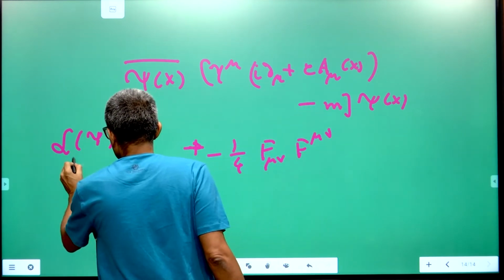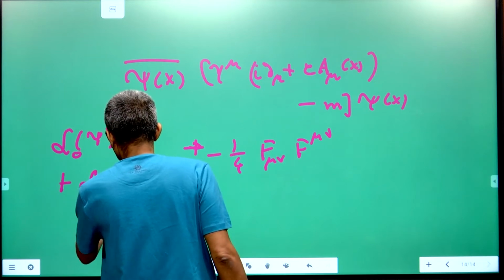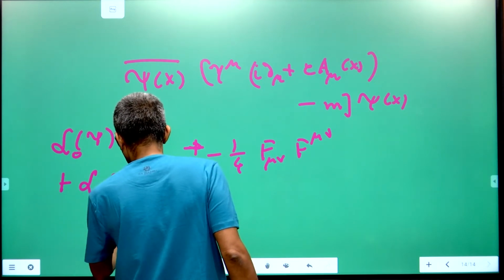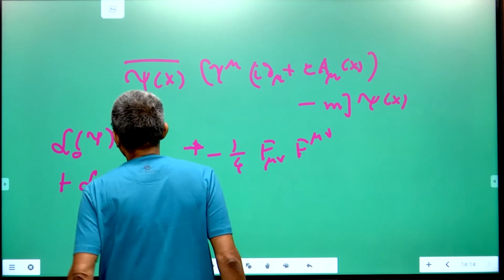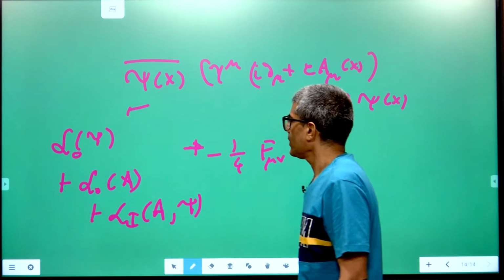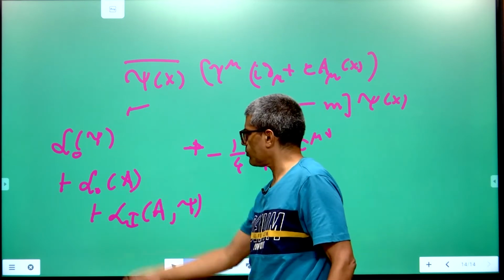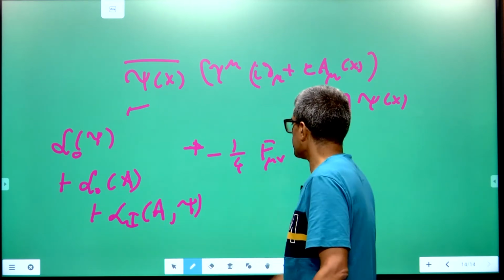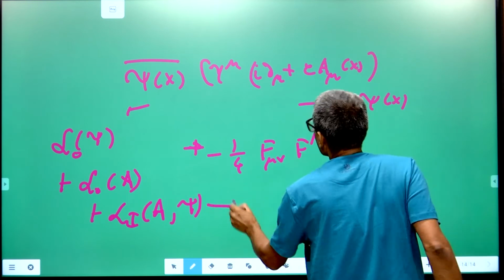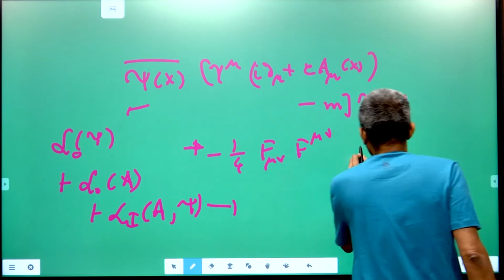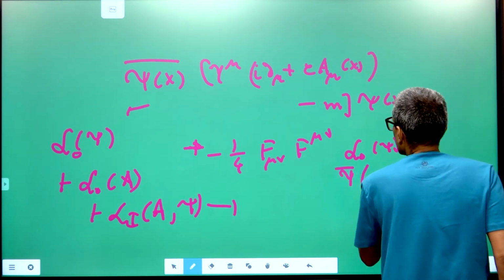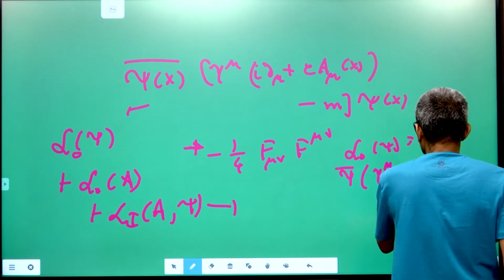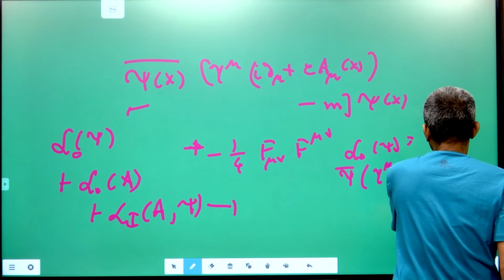So I can write this as L0 of psi plus L0 of A plus Li of A and psi. L0 of psi is the Lagrangian of the Dirac particle, L0 of A is the Lagrangian of the electromagnetic field, Li of A and psi is the interaction Lagrangian. This last interaction Lagrangian can be read out from here. So you can write L0 of psi as psi bar gamma mu i dou mu minus m psi.